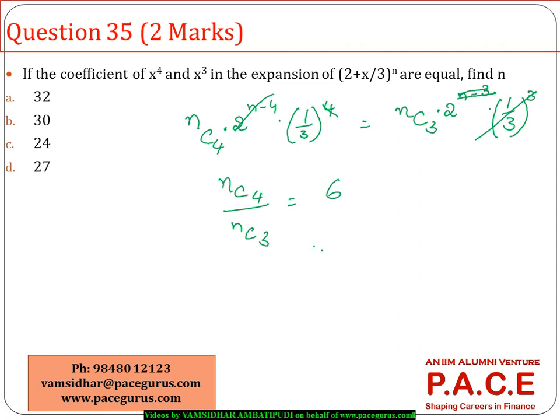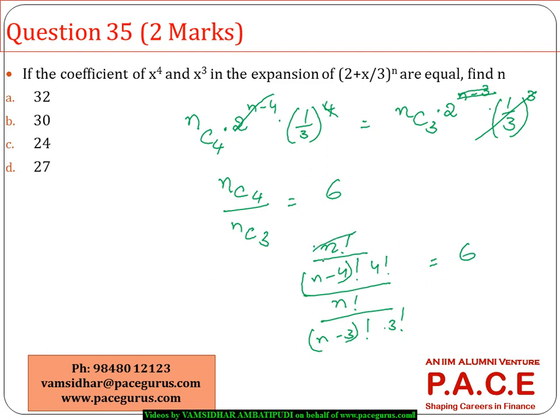So n factorial by (n minus 4) factorial into 4 factorial, divided by n factorial by (n minus 3) factorial into 3 factorial, this should be equal to 6. So simplifying this, it is nothing but (n minus 3) factorial by (n minus 4) factorial divided by 4, which should be equal to 6, so (n minus 3) factorial by (n minus 4) factorial should be equal to 24.